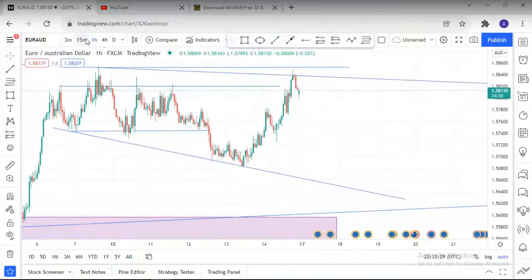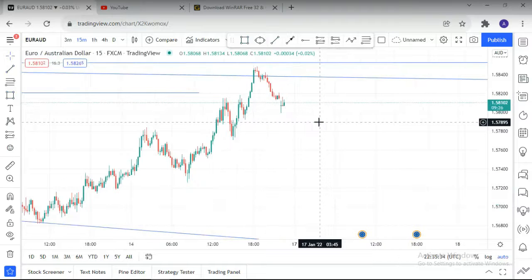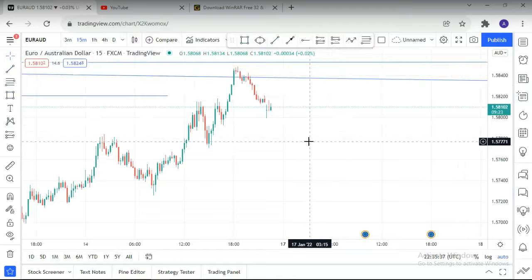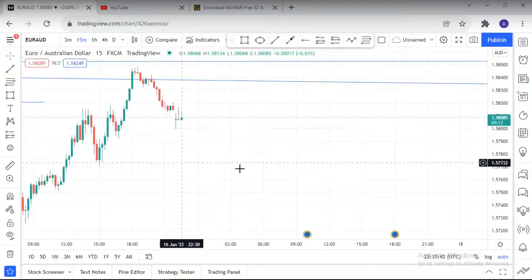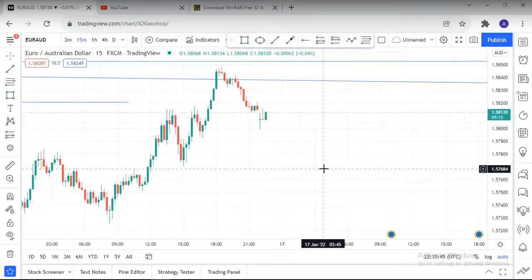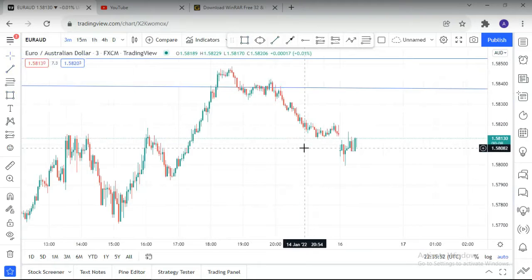Let's see what we have on the 15 minutes. This is 15 minutes. It's not looking so clear. But let's see on the 3 minutes if we have something steady.